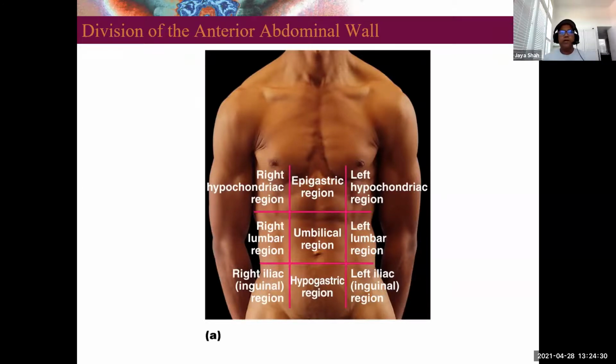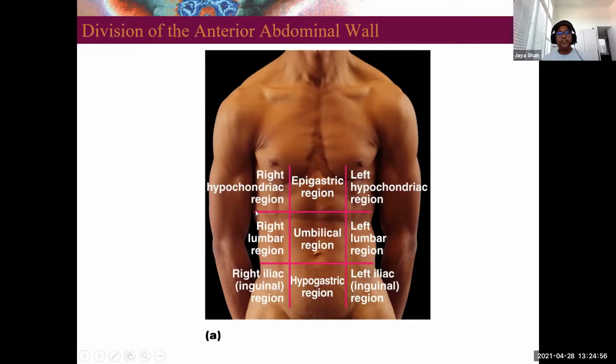Similarly, we divide our abdomen into 9 regions. So what are the lines that divide them into 9 regions? Two parallel sagittal lines at the mid-clavicular line, you see here, pass through the abdomen. And then 2 transverse lines.